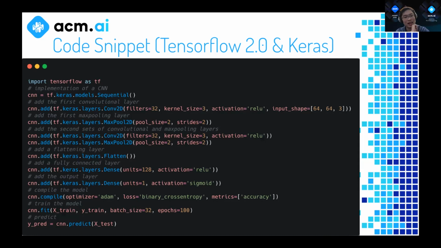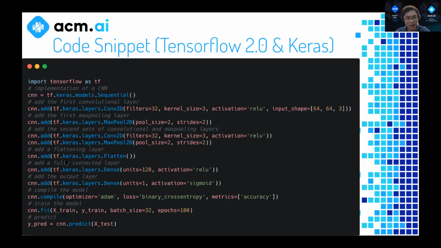But the second set of convolutional and max pooling layers might extract something higher level, like an eye or an eyebrow or an ear. This is a good way to think about why we have multiple sets of convolutional and max pooling layers.